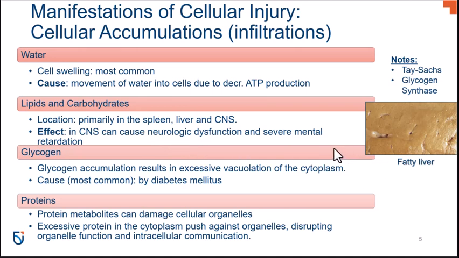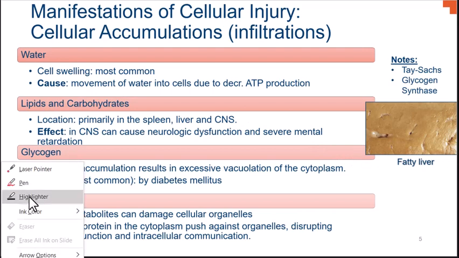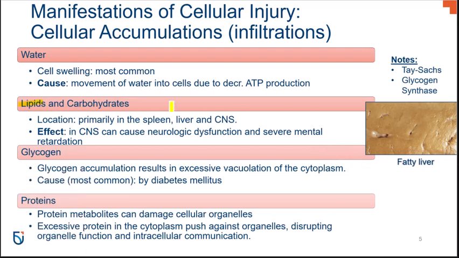So let me give you an example of accumulation of lipids. I'll just highlight that. Accumulation of lipids within the central nervous system. So when lipids accumulate in the central nervous system, we can end up with a condition called Tay-Sachs disease. And this will lead to progressive damage to the central nervous system.